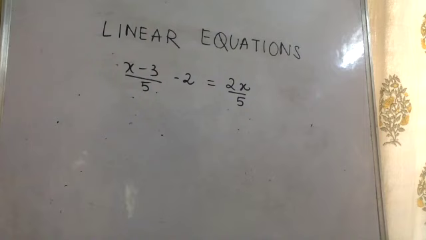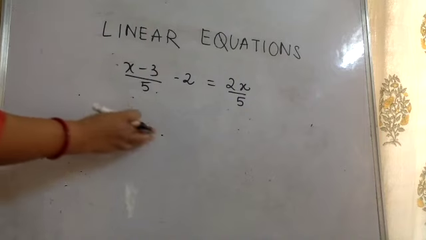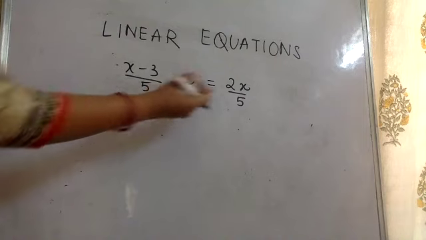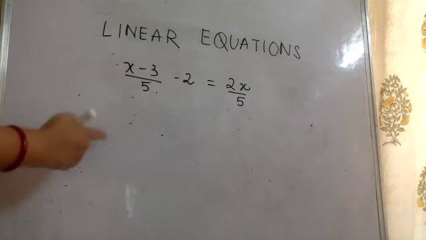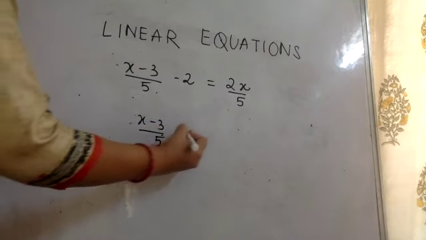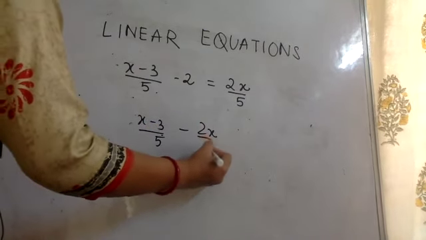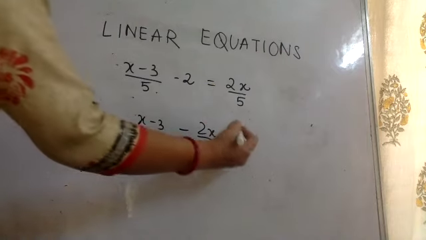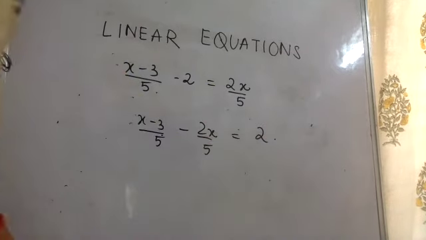Now here I can see fractions on both sides, but there is x in the fractions. So we'll take all the x terms, whether they are fractions or not, to one side. So x minus 3 by 5 minus 2x by 5, when I bring this side, due to transposition there is a change in sign, and that is equal to 2.